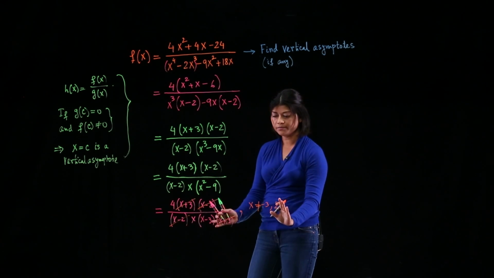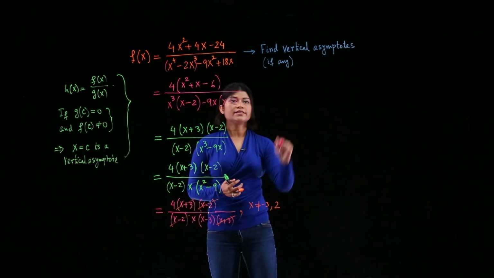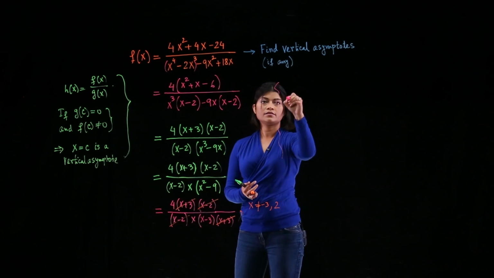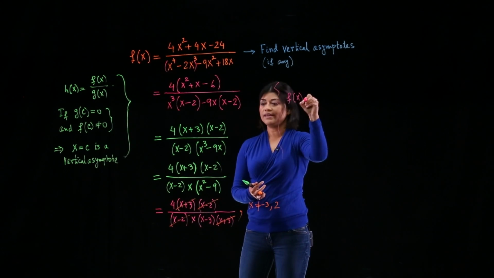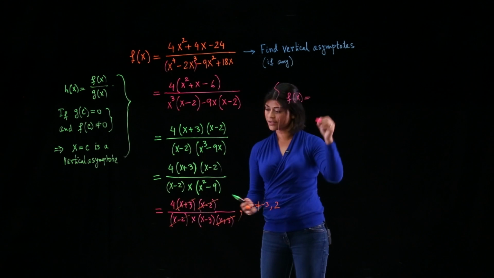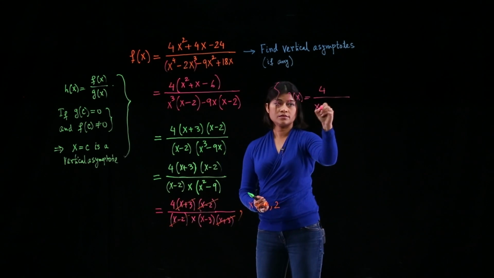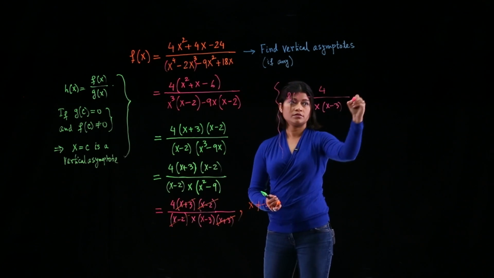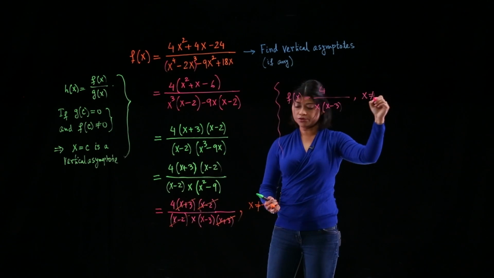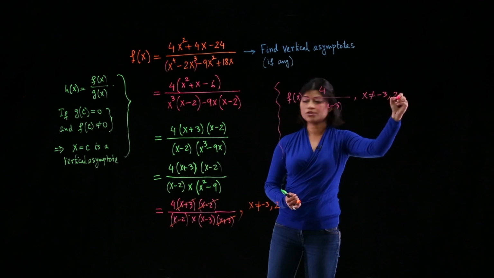Then only we can cancel. So finally, after cancelling these terms, our function is 4 divided by x times x minus 3, for x not equal to negative 3 and 2.